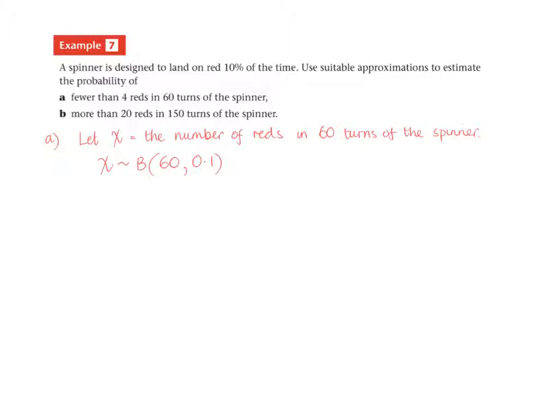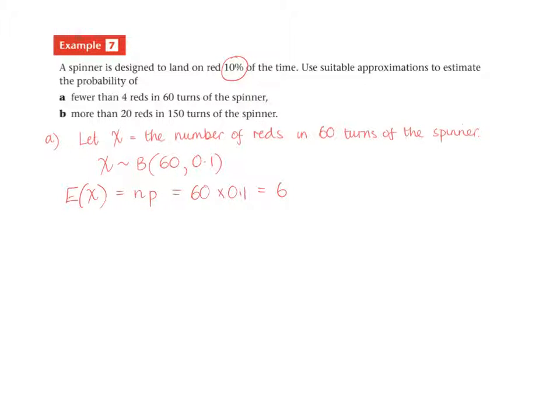And we get the 0.1 from our 10%. So if we calculate the mean of this binomial, or the expectation, we can see which one to use. So if we do E of X, that's n times p, so it's 60 times 0.1, which is equal to 6.